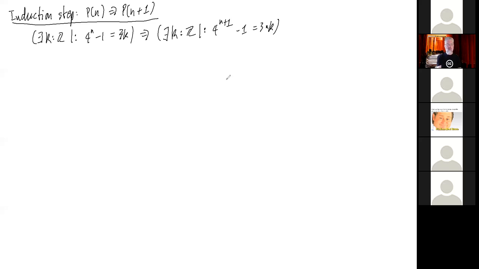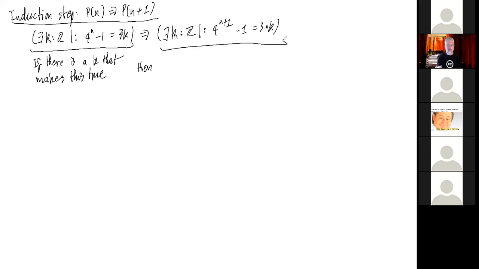So now what does this say? This is saying that if there is a k that makes this work, then there is a probably different k.